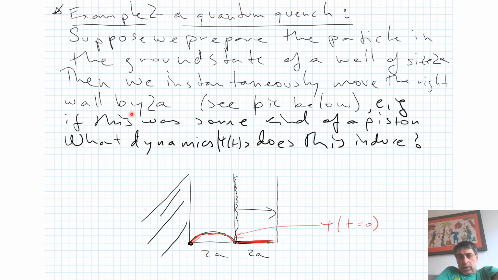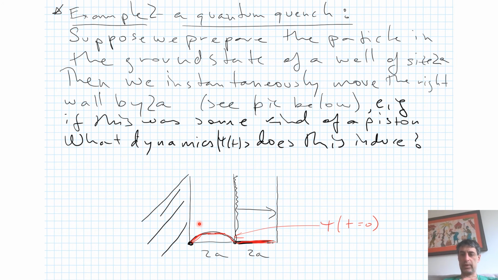And the example here is an example of dynamics where you take a problem that you've solved and imagine that you put the particle in the ground state of that problem. So for the square well, or for the infinite well, the ground state is this guy. And then you disturb the problem.